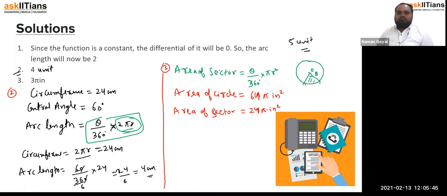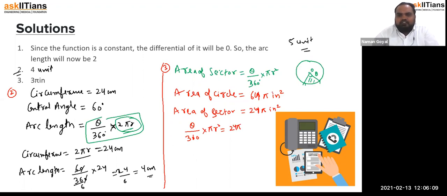Now see, the question is asking for arc length. So for arc length, we first need theta. The area of this sector is theta upon 360 into pi r square, which is equal to 24 pi, as given in the question.